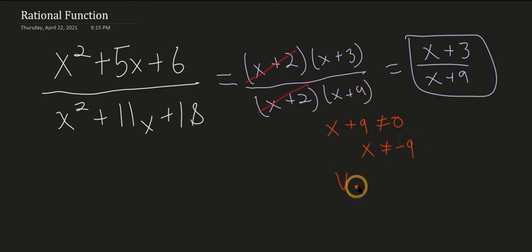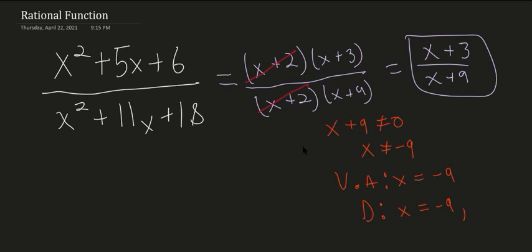So the vertical asymptote is at x equals negative 9. And so our domain, we can exclude one point, and that point is x equals negative 9.